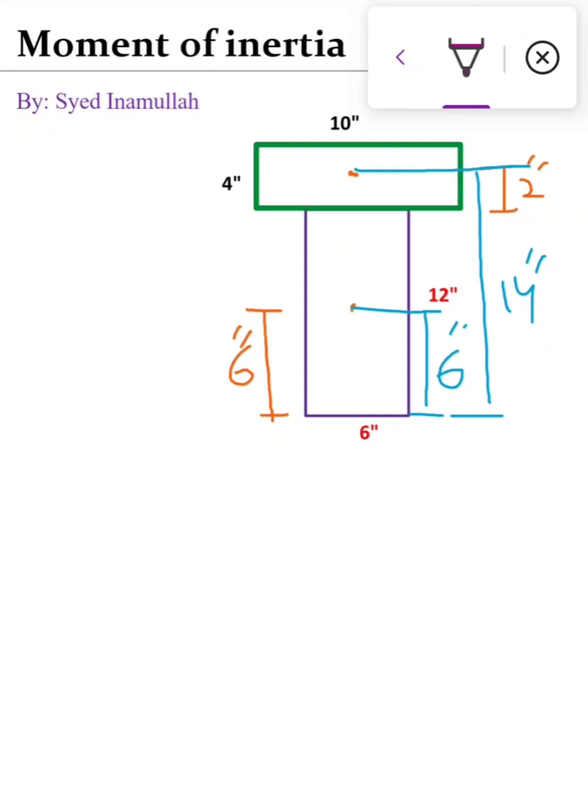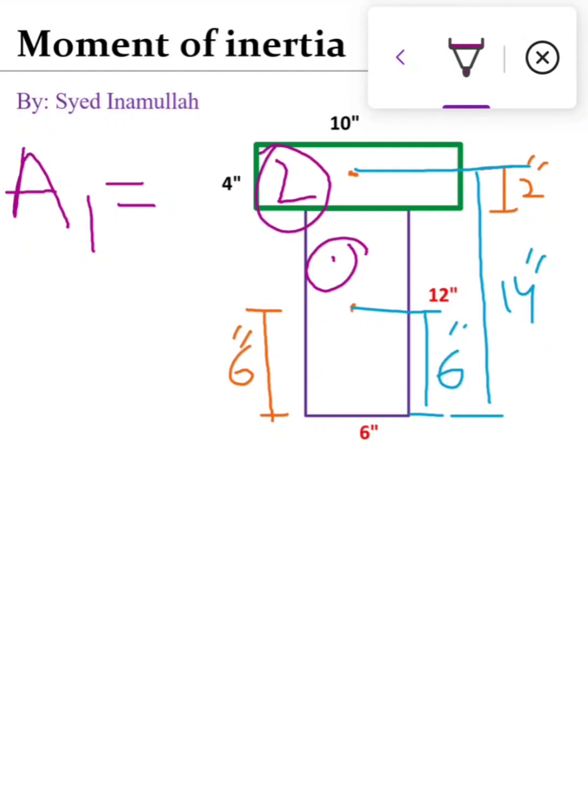For calculation of the combined center of gravity, we will need to calculate the area of both rectangles. I mention subscript A1 for figure 1, and this is figure 2.